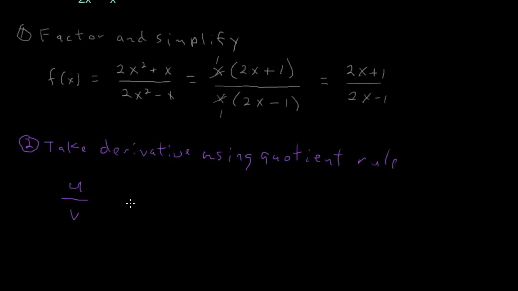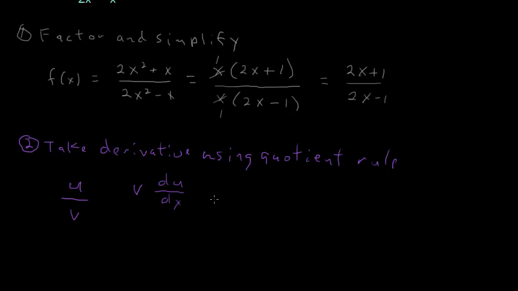And so we said low, so that means the denominator. So we'll write down v. D high means the d is for derivative. So d high means derivative of the numerator, so that in this case is du dx.